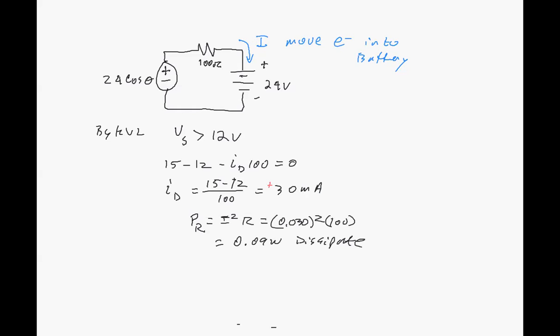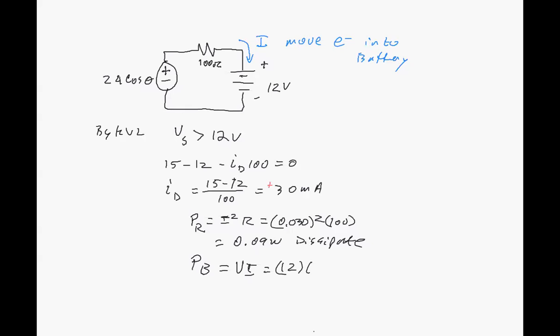Okay. And what we're really interested in is the battery, what's going into the battery. So how much power are we sending in? Again, now we use VI because we don't know the resistance of the battery. So we have 12 volts. That's the voltage on the battery. Oops, sorry, it's not 24 volts. That's a 12 volt battery. It could be a 24 volt battery, but we'll make it a 12 volt battery. That's the voltage across the battery, and we're running into it 30 milliamps.